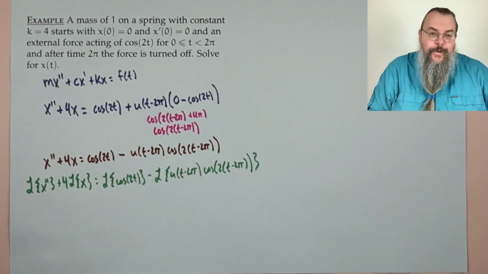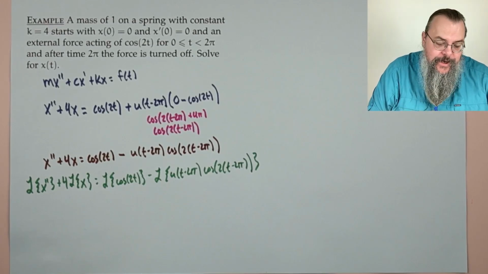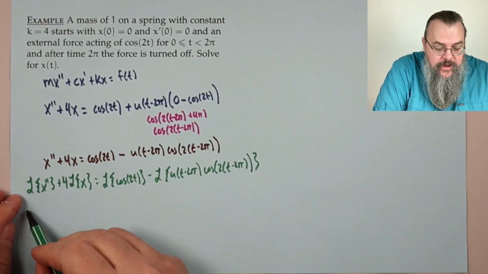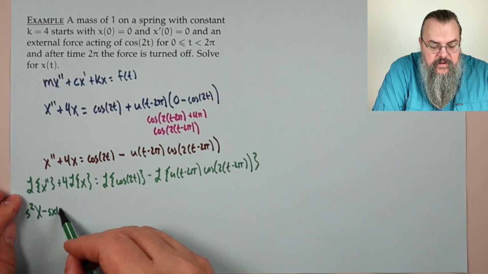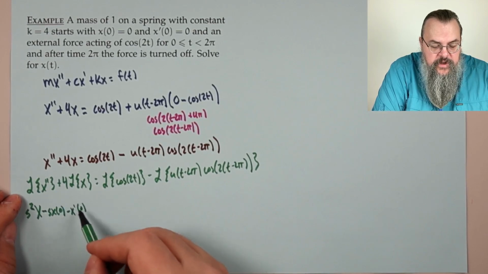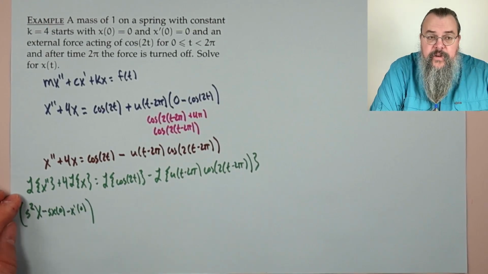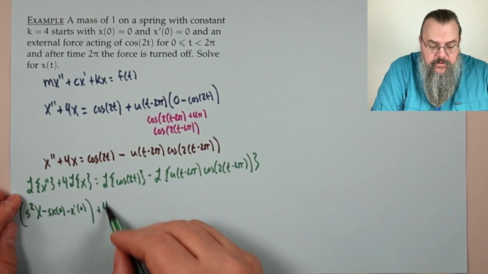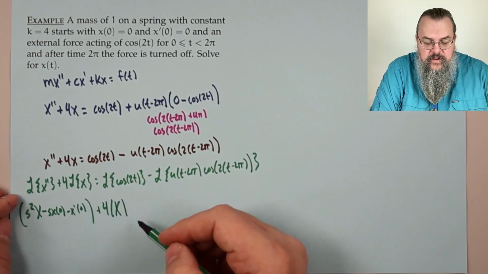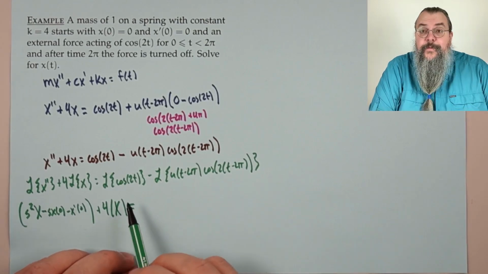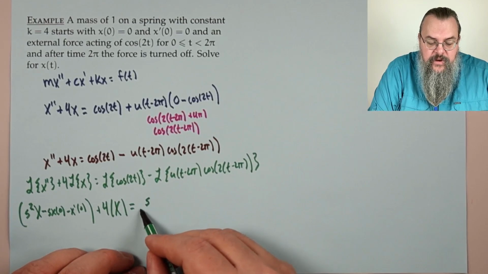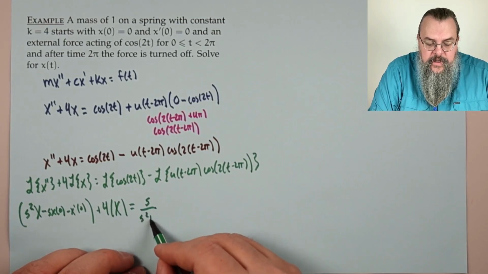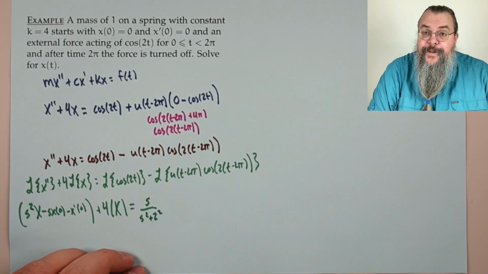All right, well, term by term, what happens? Using our rules, s squared capital X minus s x of 0 minus x prime of 0. Okay, that's our Laplace of x double prime. Plus 4X equals the Laplace transform of cosine 2t. Well, that's going to become s over s squared plus 2 squared.